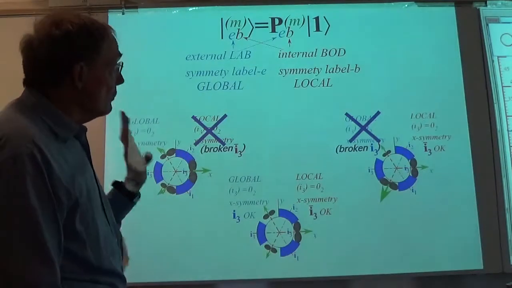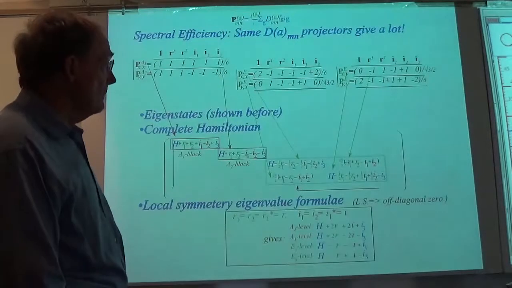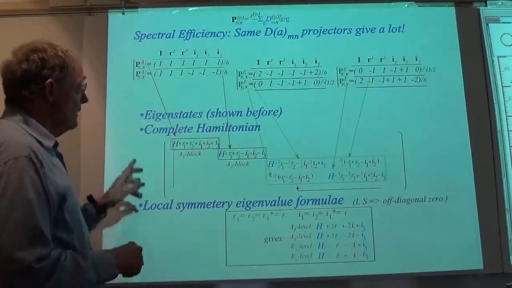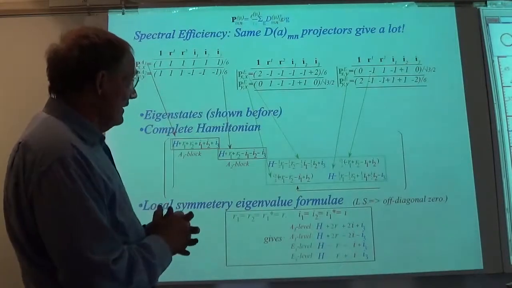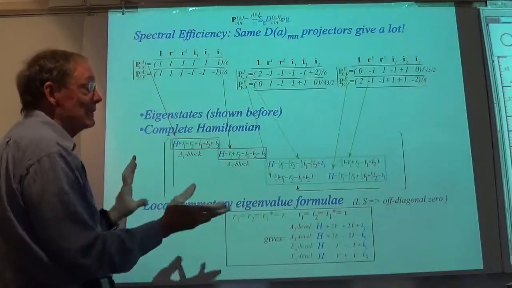So this is what you get by doing the Mach principle. This is what you get by doing the duality. That's before you've calculated anything. Then when it comes time to look at the eigenstates, or the complete Hamiltonian, using all the parameters if you want.